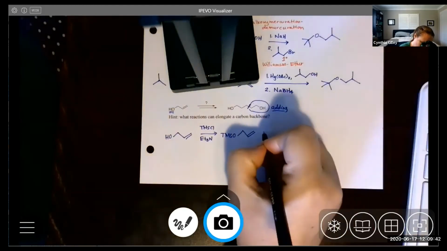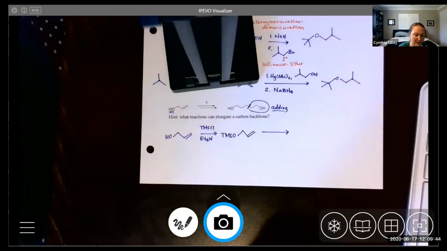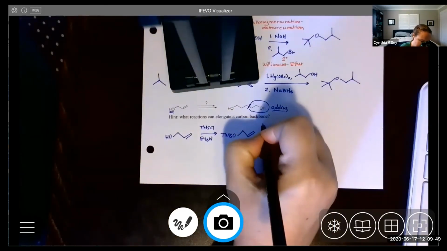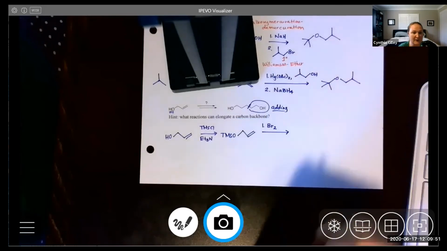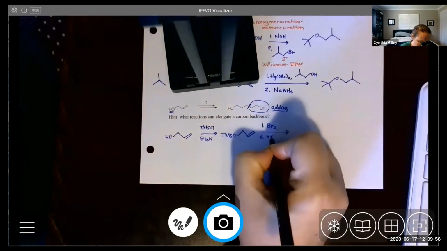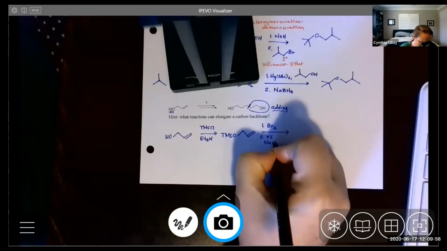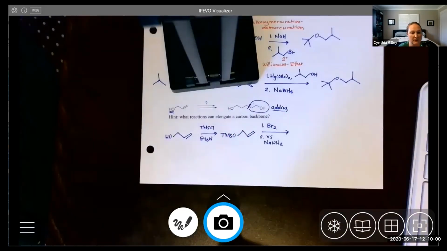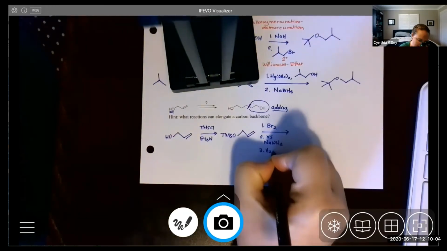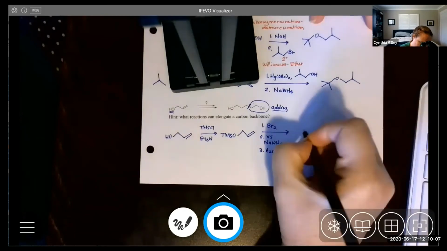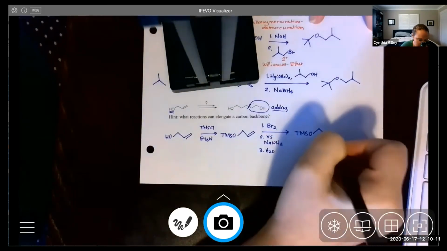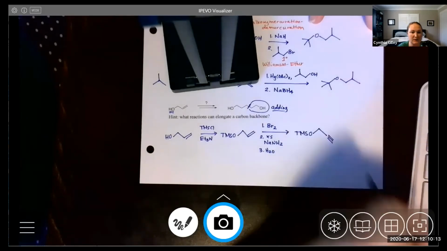So to convert an alkene into an alkyne, it's a 3-step process that was taught last semester. So first of all, you have to do a bromination. Then you have to do a double elimination. And then you add in some water to protonate. Those 3 steps from the alkyne chapter get you from a double bond to a triple bond.